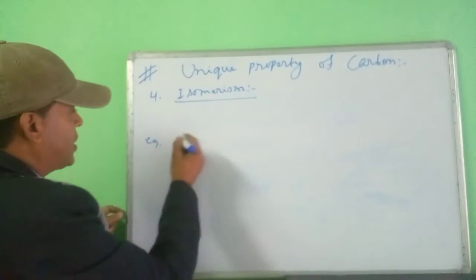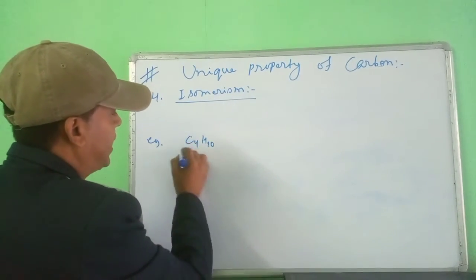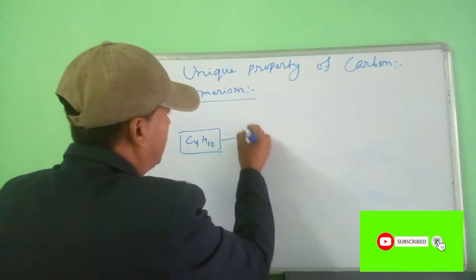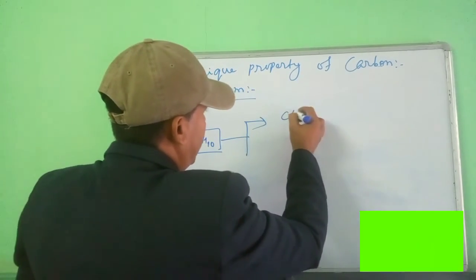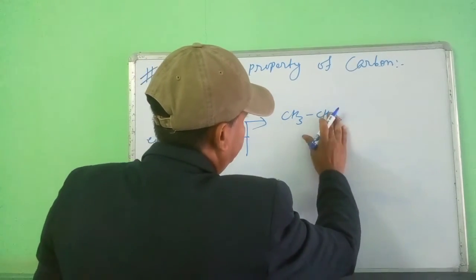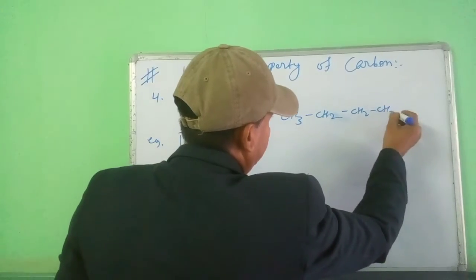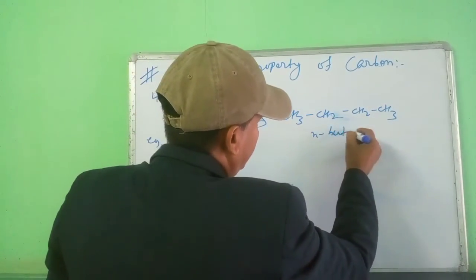Now with example, suppose we have molecular formula C4H10, then number of carbon 4, number of hydrogen 10, then what compound can be written? So just here we have to write the one straight chain, CH3, CH2, CH2 and CH3. This compound is the straight chain compound, and is the butane.